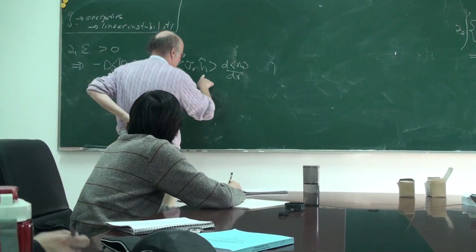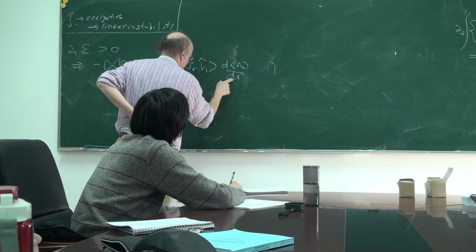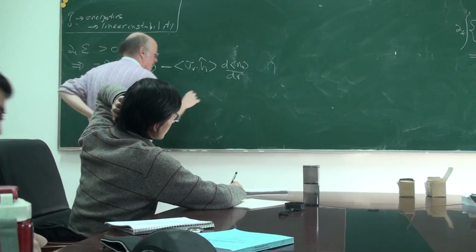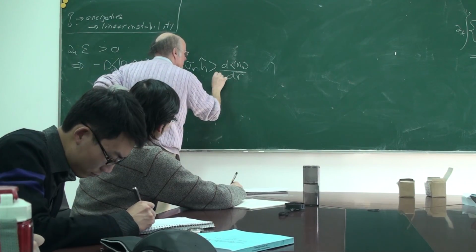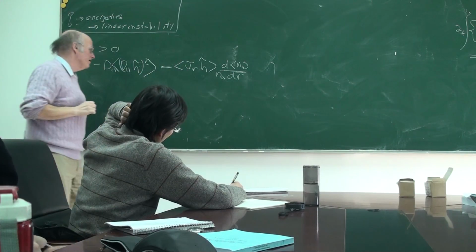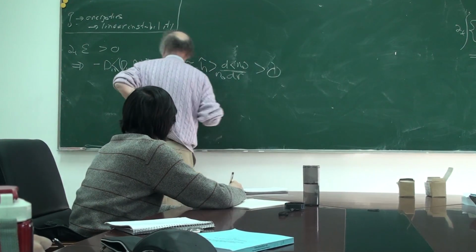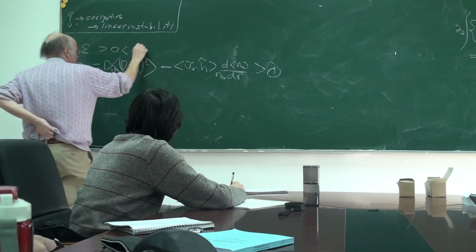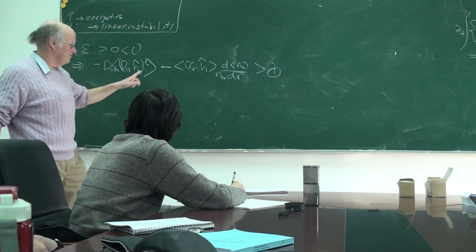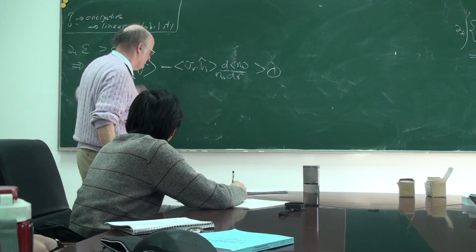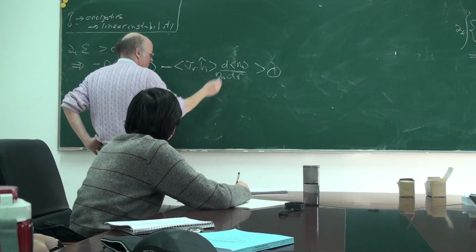I bring the n naught underneath, so this is n tilde over n naught. So this thing has to be positive. This is negative definite. This is positive definite, because ultimately this is outward flux.